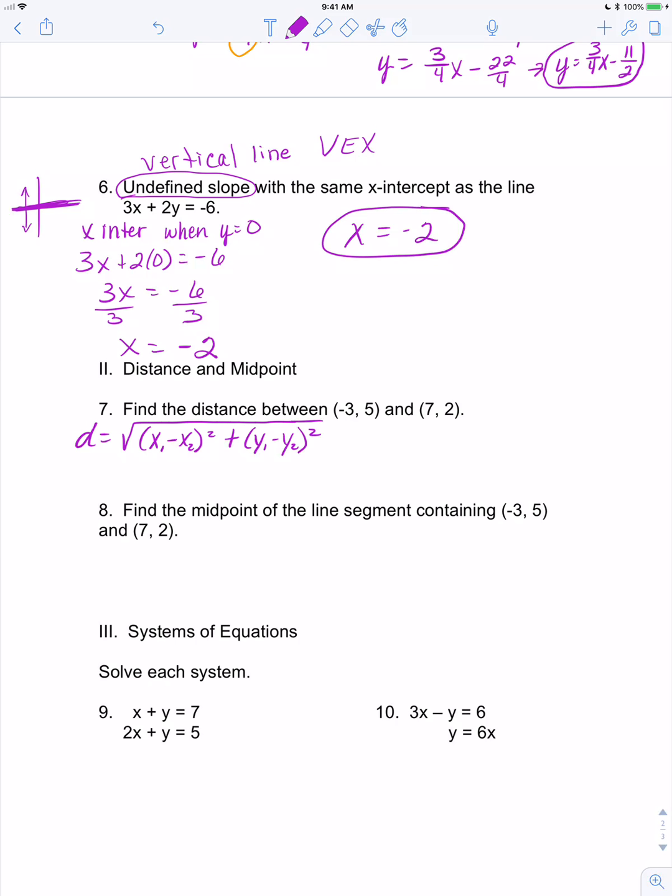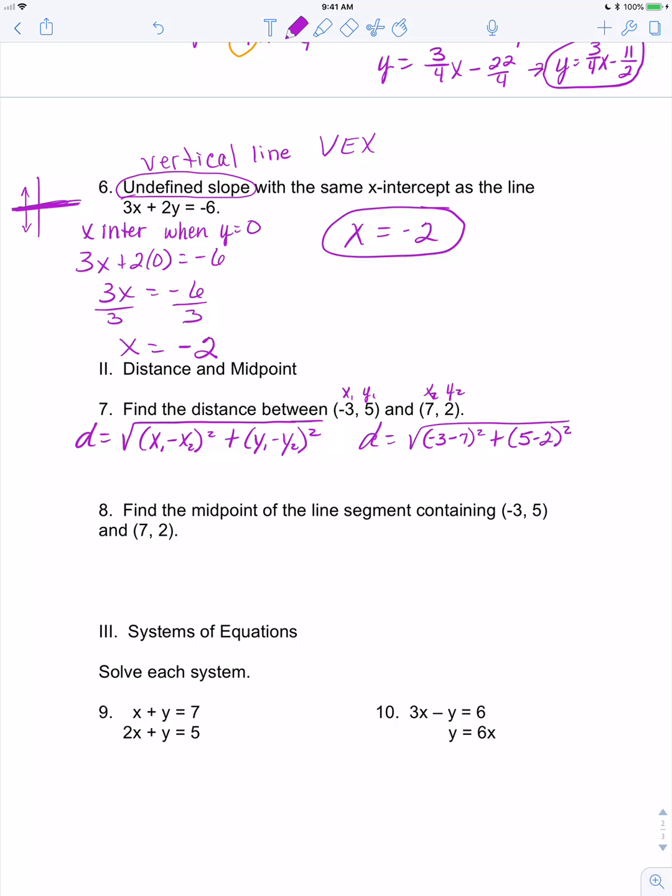Okay, so remember, every ordered pair is x and y. So there's our first one, there's our second one. So we're just going to fill out that formula. So distance is equal to the difference in our x values, where our x values are -3 minus 7 squared, plus the difference in our y's, 5 minus 2 squared.